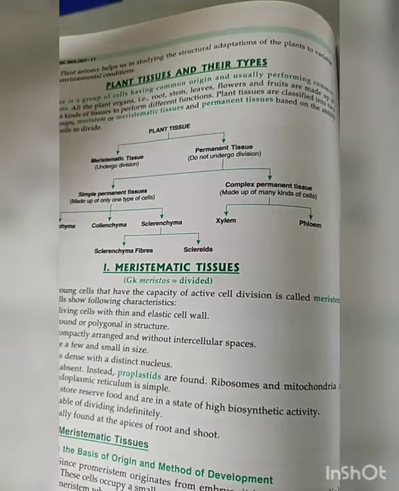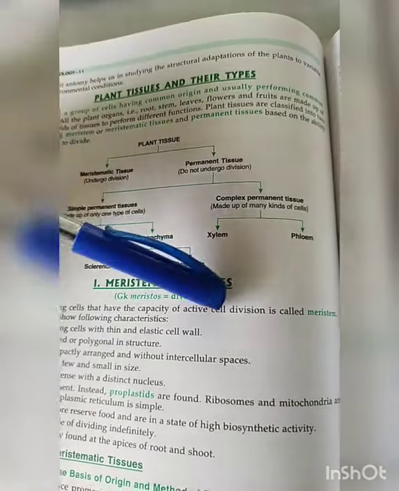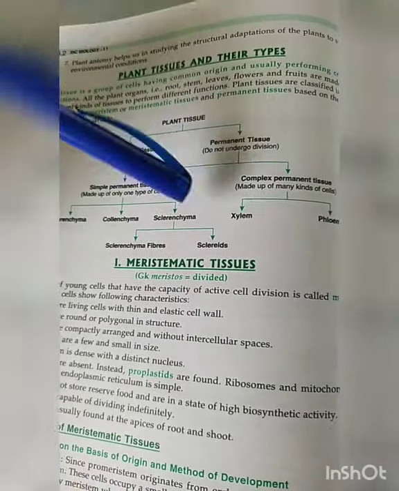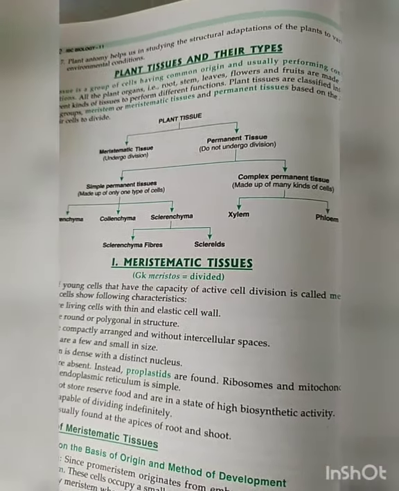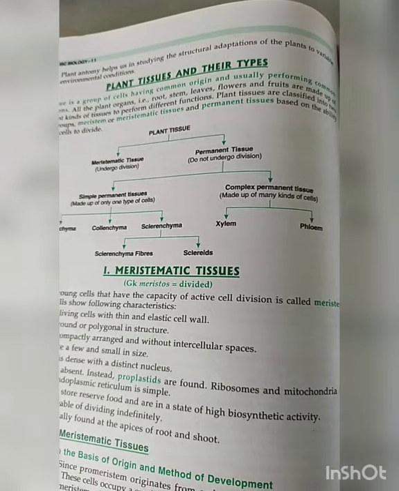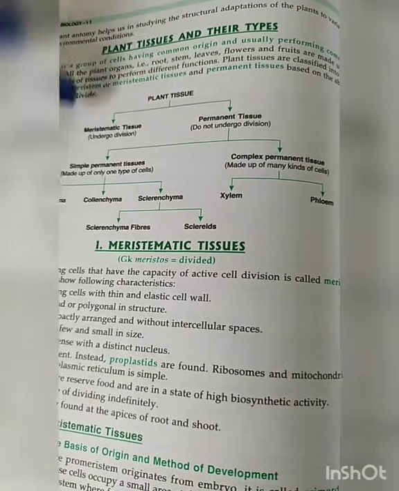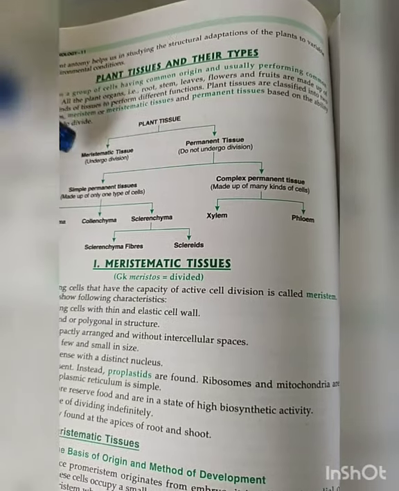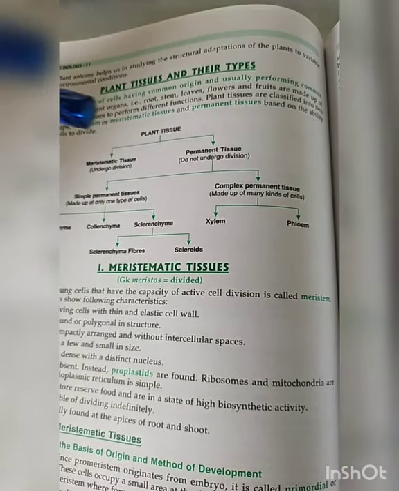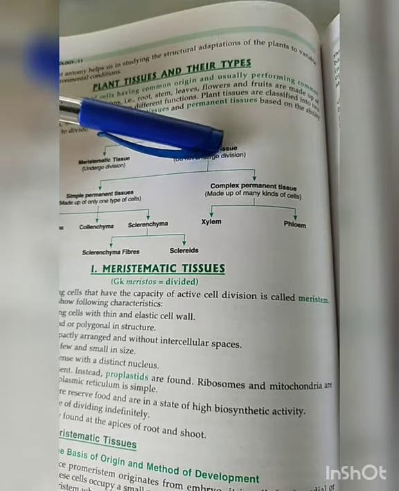So with the help of this flow chart you have a brief idea about the division of plant tissue. On the basis of their characters they have been divided into meristematic and permanent: those which are dividing are in the meristematic part, and those which are not dividing are in the permanent part.